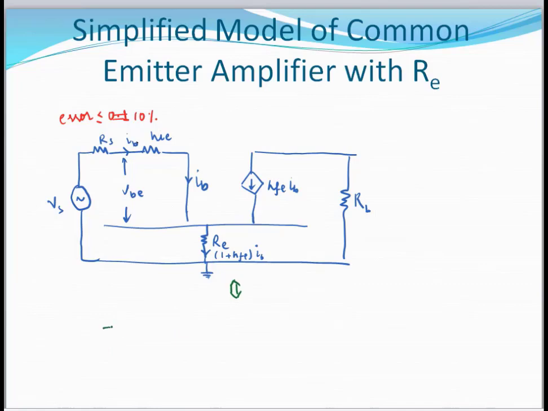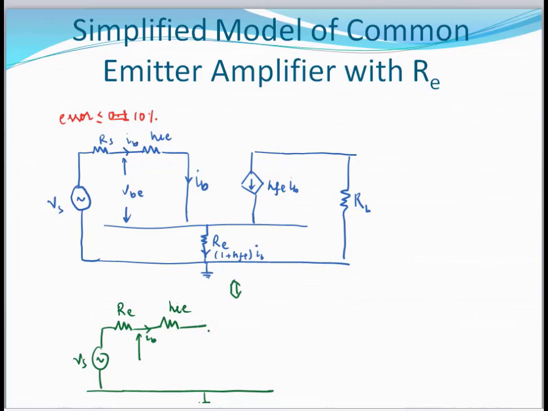So this is emitter resistance RE, HIE, IB is flowing through it, this is VBE and source voltage VS, and current is flowing through it, and then this is RE.